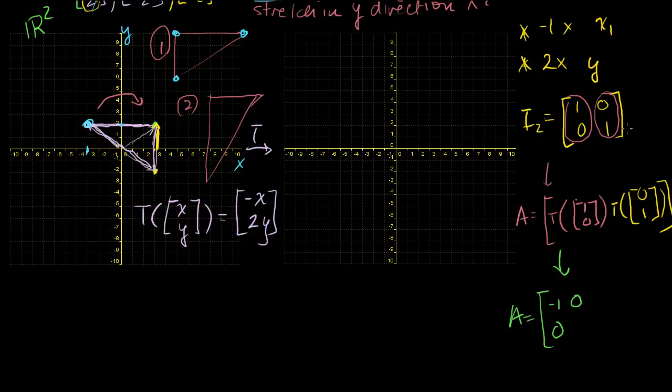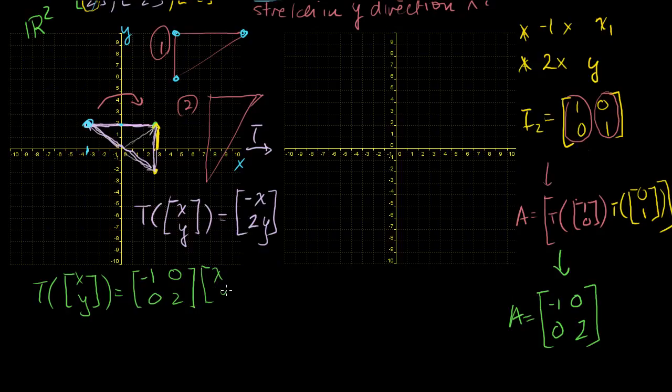So 2 times y is equal to 2 times 1, so it's equal to 2. So now we can describe this transformation. The transformation of some vector x, y can be described as a matrix vector product. It is equal to the matrix -1, 0, 0, 2 times our vector x, y.